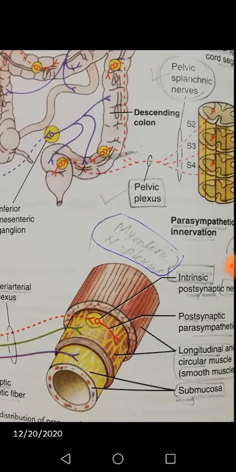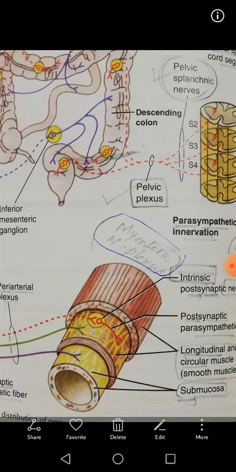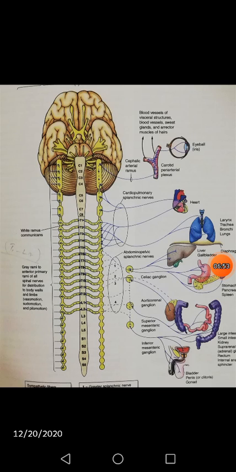You can call them the enteric division of the autonomic nervous system. You should already have learned in histology that the myenteric and Meissner nerve plexuses are present in the submucosa and the muscular layer of the intestinal tract. That also comes under the heading of parasympathetic ganglia.